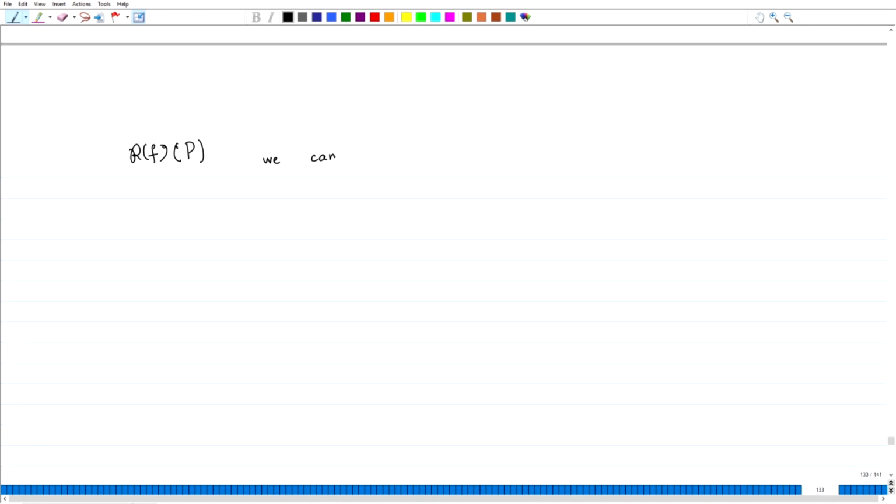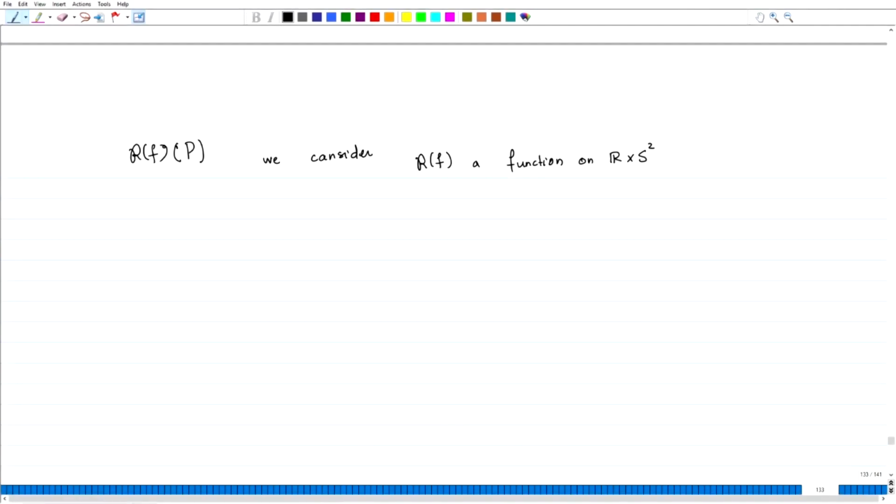So, for a given function f in the Schwarz space, Rf is a map from R cross S^2 to C. So, we can consider Rf a function on R cross the unit sphere S^2, because every plane can be written in terms of P_{t gamma} for a fixed vector gamma and t.